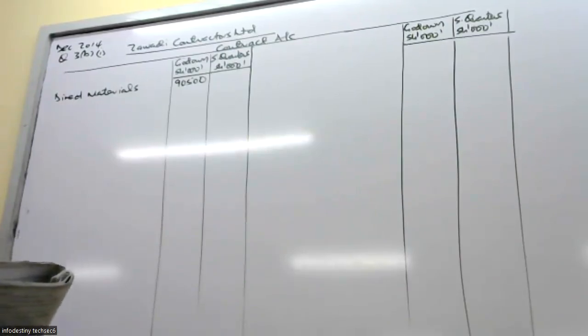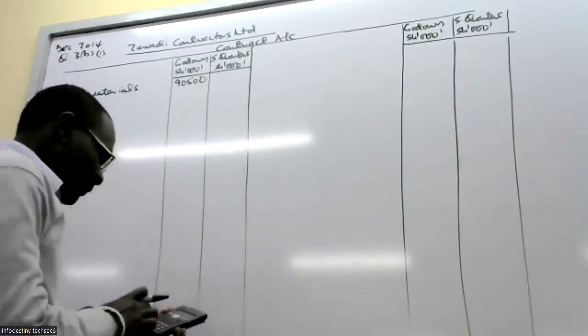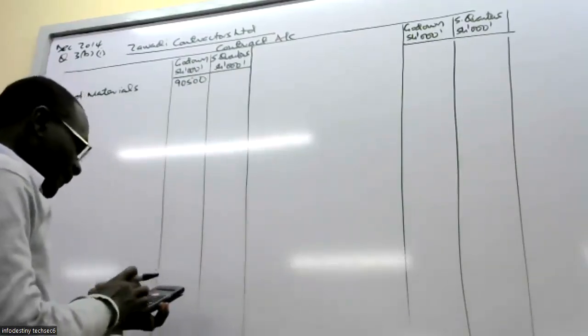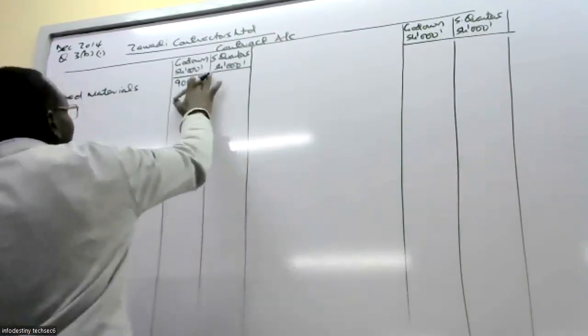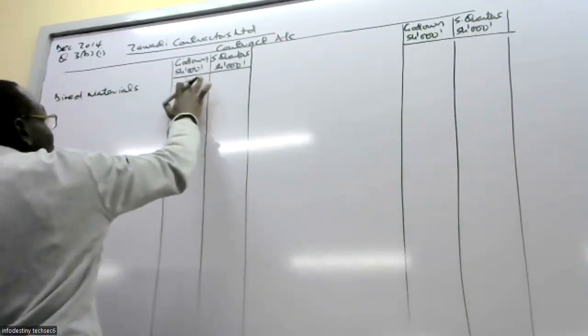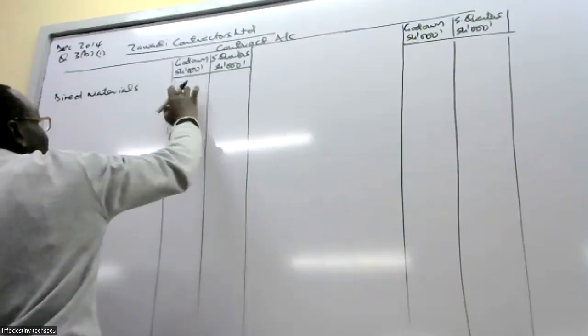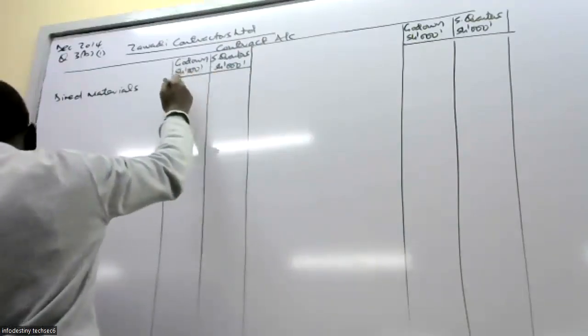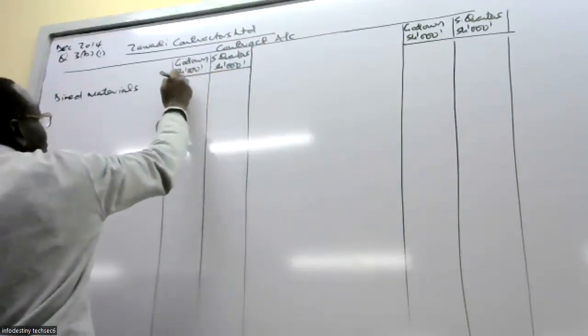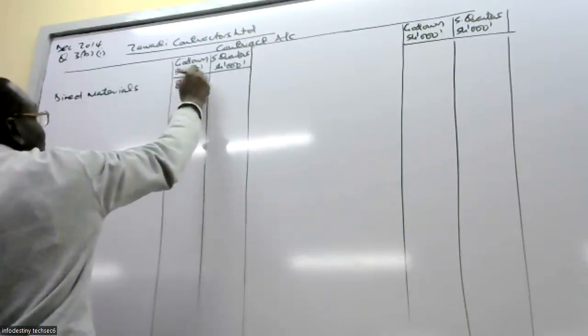So from 90,500 you subtract the 2,000, inabaki 88,500. Sindio? There's some 2,000 that was used to construct a toilet, so it was not part of the contract cost. So 88,500.